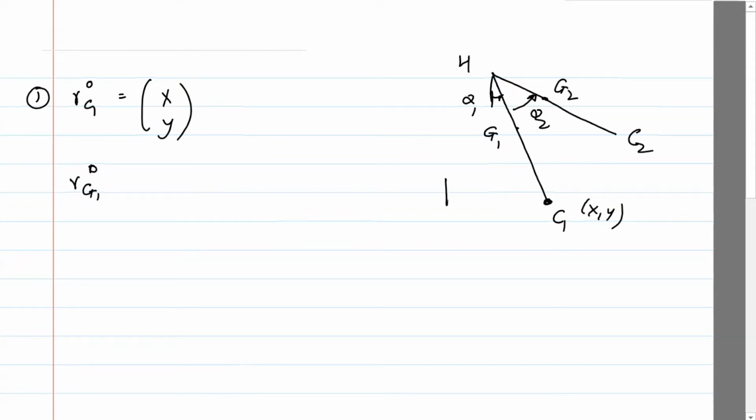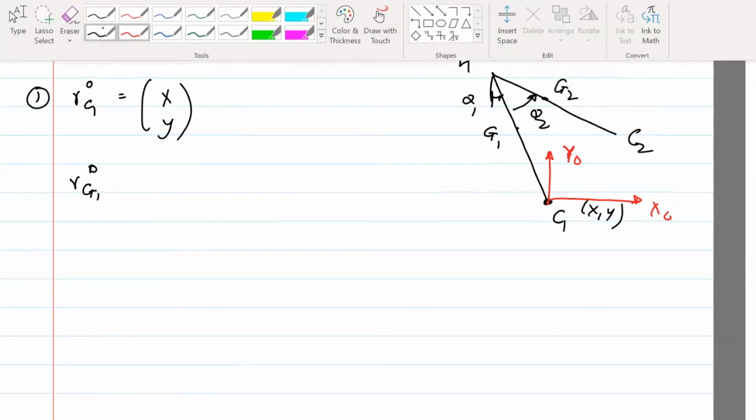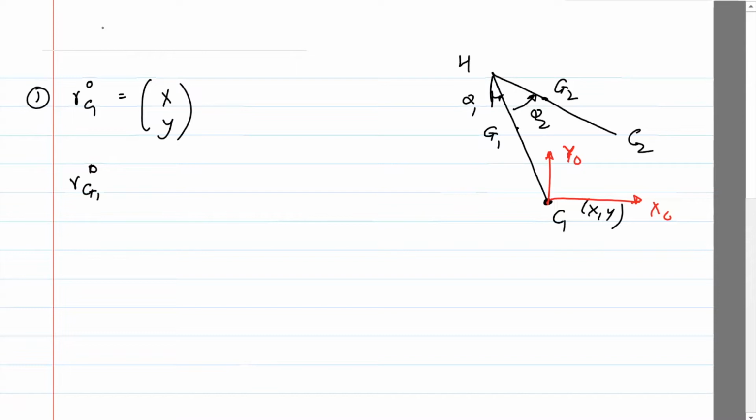I forgot to say the frame 0 is basically this frame which is fixed to the ground and is right here, x0, y0. So same convention we used previously. We put the base frame at the first point of interest.